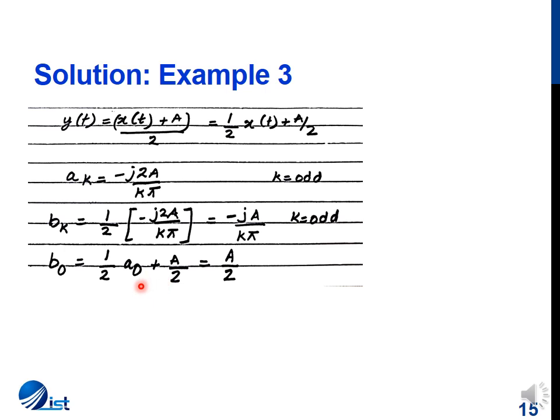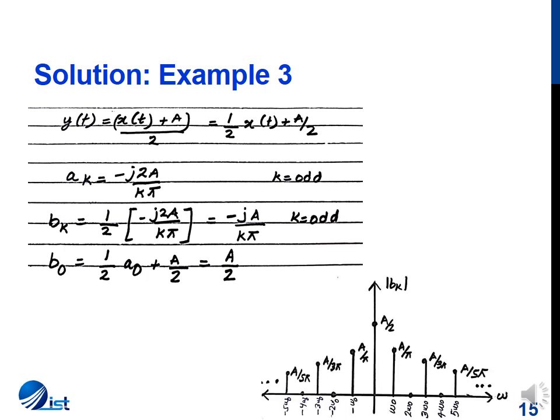But since a naught is 0 for the square wave, we get a by 2. So as a result, our spectrum is something like this, where we get magnitude a by pi, a by 3 pi, a by 5 pi, and so forth, and the magnitude at omega equal to 0 is a by 2. The phases remain unaltered in this method.